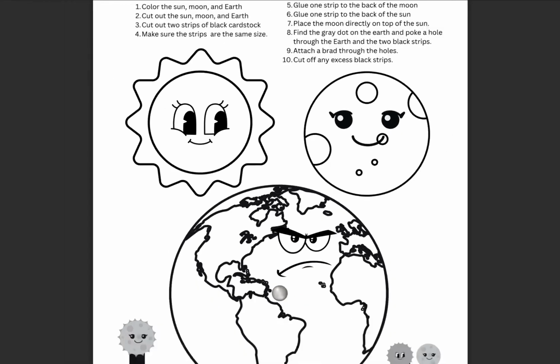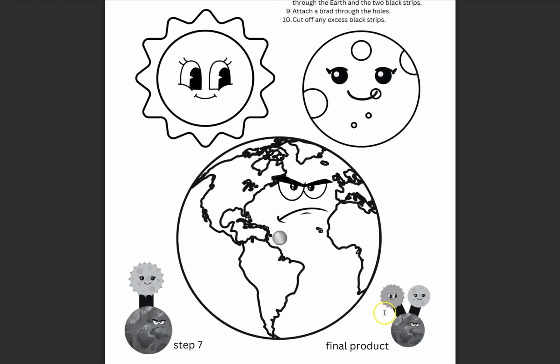And it's really important to have students create these black strips the same size so that as they have their moon revolve around the earth, once it passes in front of the sun, it is the same size, and it shows through the model that it is blocking out the sun in its entirety. That's one of those important components for this.